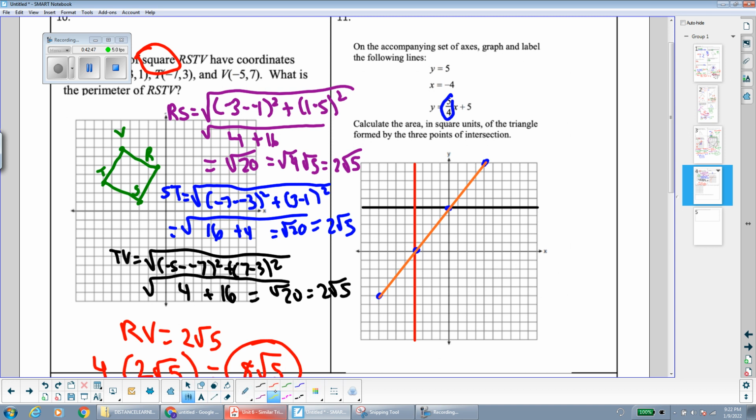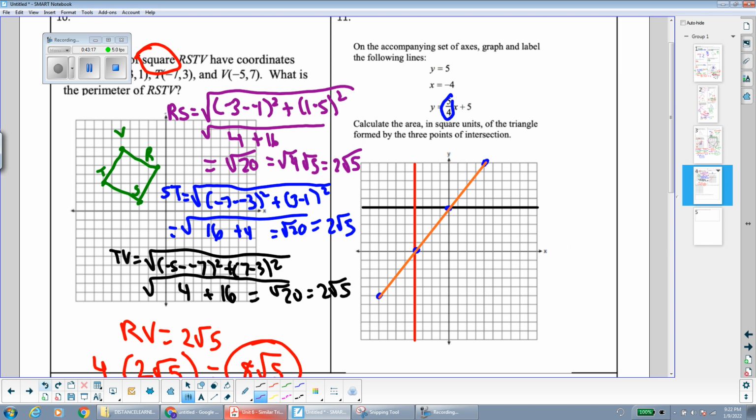So now I really easily and clearly see the triangle formed by the 3 points of intersection of these lines. And it's pretty clear what the base is. This is a right triangle, so it's really clear what the base and the height are. Oops, I grabbed that really badly, so we can't see.